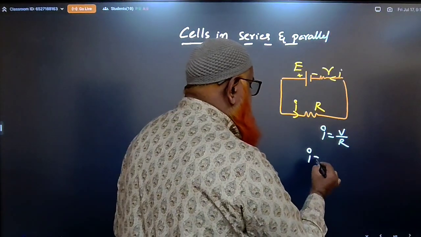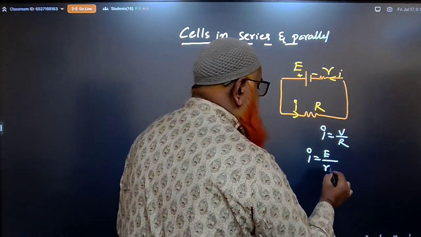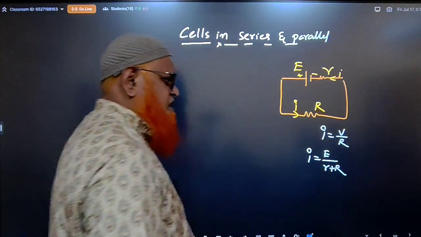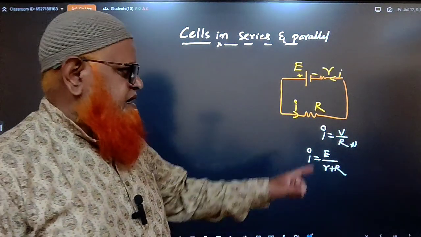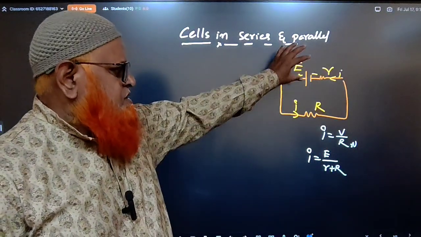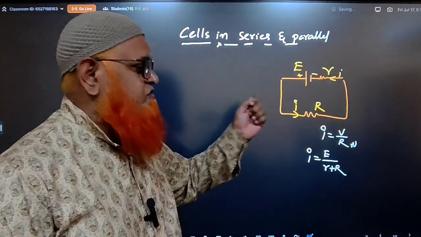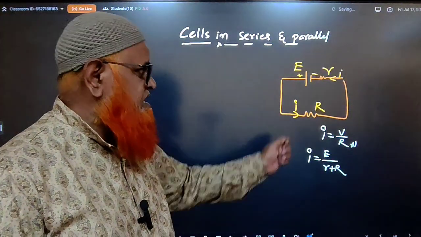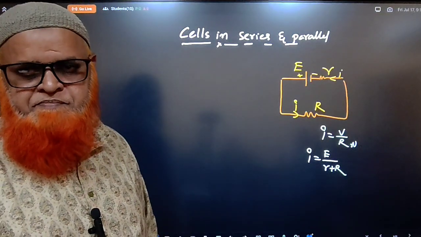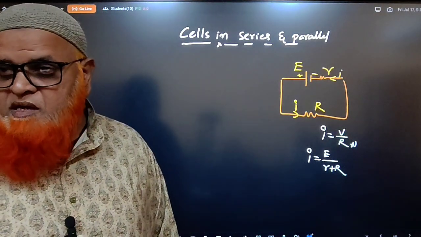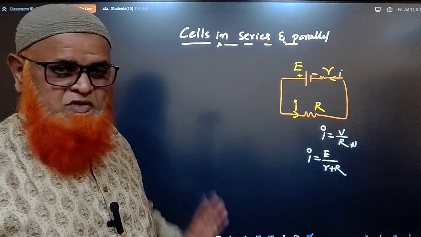But here we write I is equal to E, and instead of R we take the net resistance: net EMF by net resistance. So instead of V by R net, the formula for the current passing through the circuit is E by small r plus capital R. Hope you understood what I am saying. This is going to be the formula for a simple circuit.